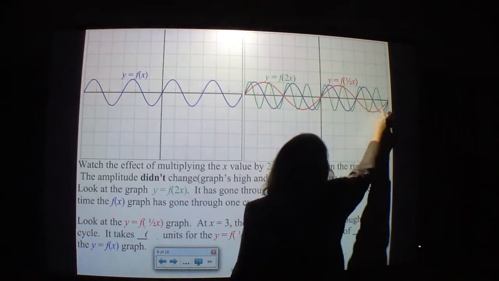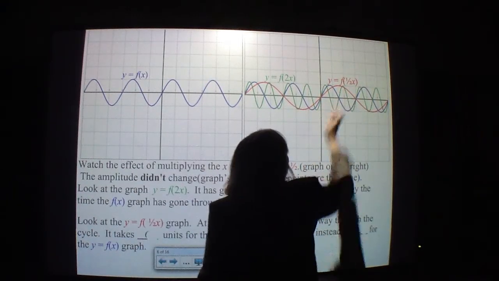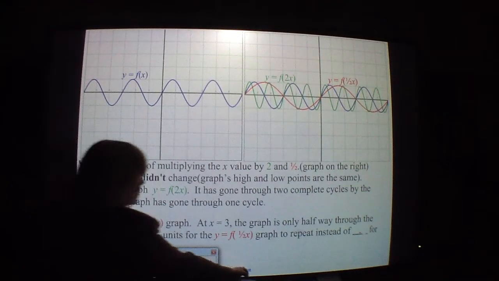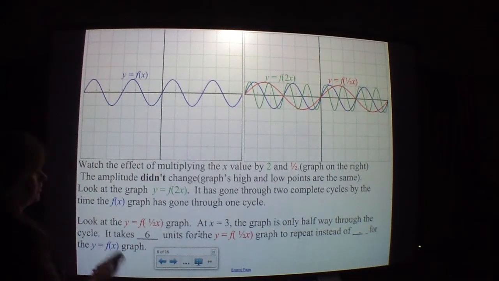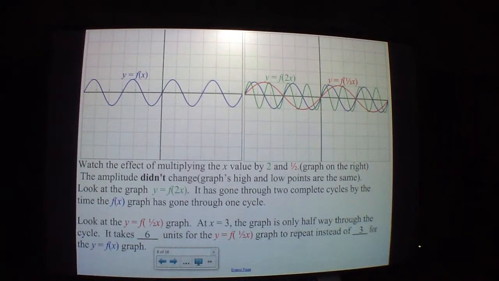Notice the red one takes 6 units to go through one cycle, and the green one takes 1.5 units to go through a cycle. And that's what I said here. I said the 6 units instead of the 3 for the red graph. The green graph takes 1.5 units to go through a cycle.